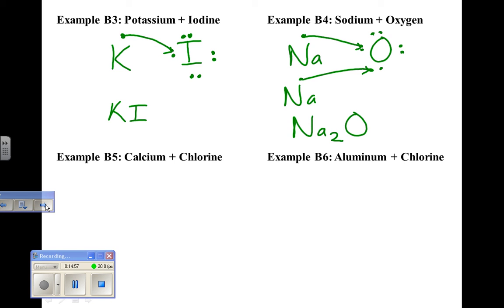Okay, of course, calcium gives 1 here. Now what? Calcium still has 1. Another chlorine. And then that one goes to the other chlorine. And what's my chemical formula? CaCl2. This is calcium chloride.